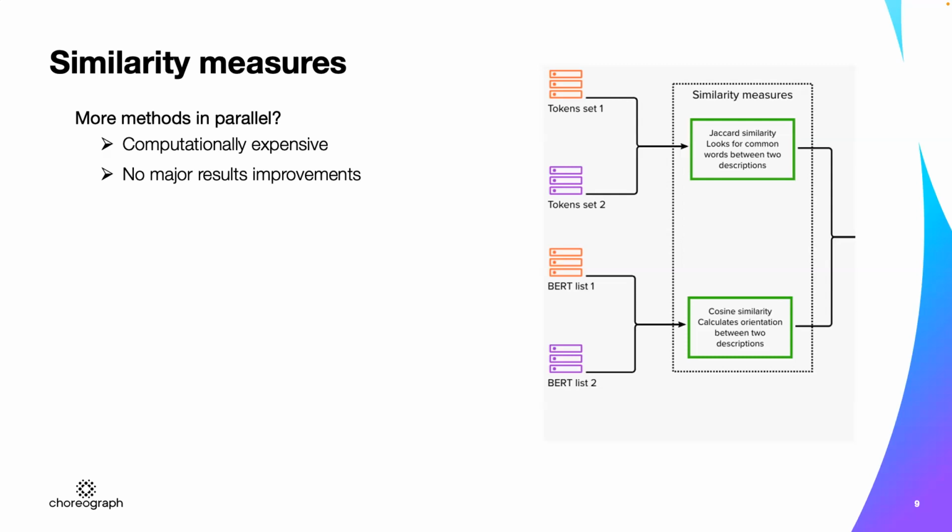And secondly, it was also computationally expensive. So we ended up using only two methods in parallel. One of them is Jaccard similarity, which is a very basic statistical one, and the other one is the advanced BERT-based cosine similarity.